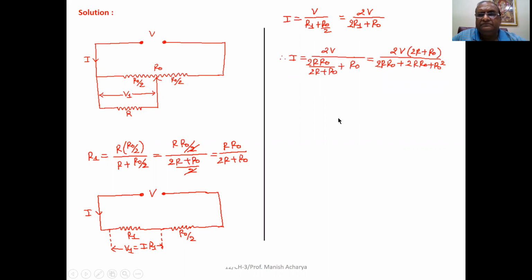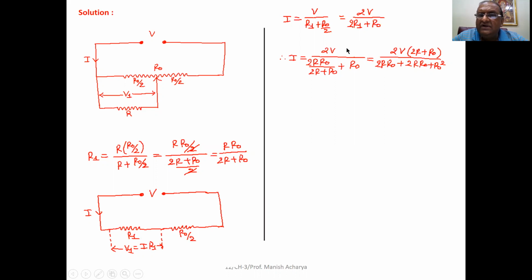Now substitute the value of R1, that is R R0 upon 2R plus R0. So 2 R R0 upon 2R plus R0, plus this R0 as it is. Now take this 2R plus R0 LCM.